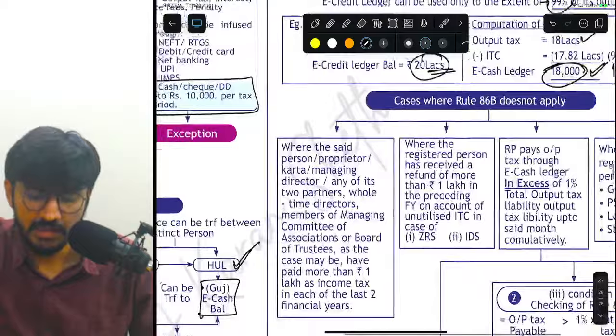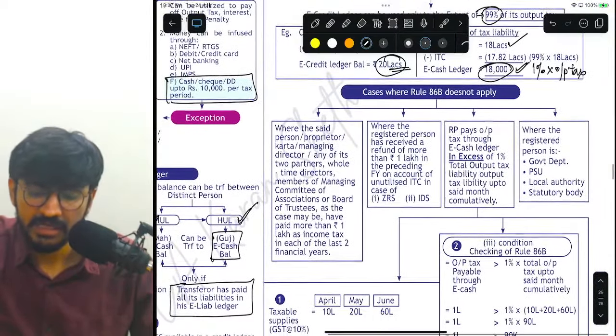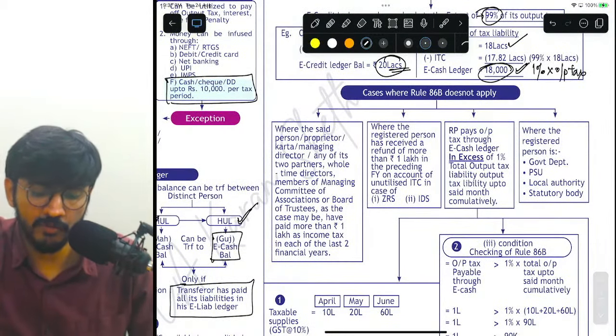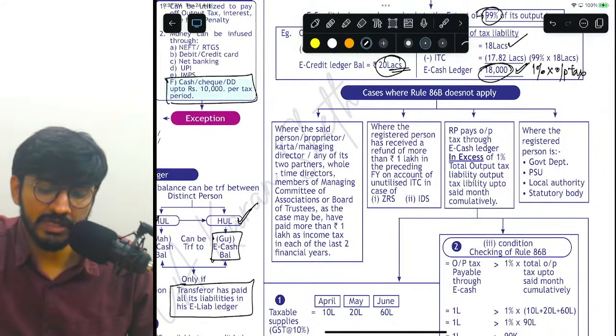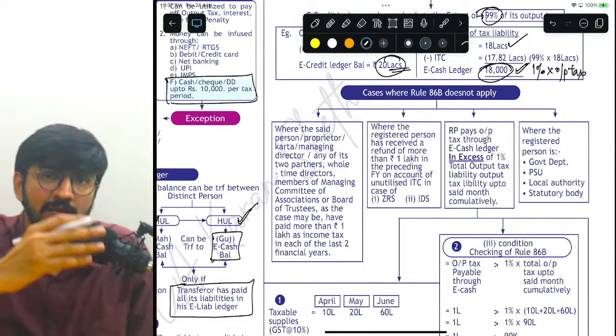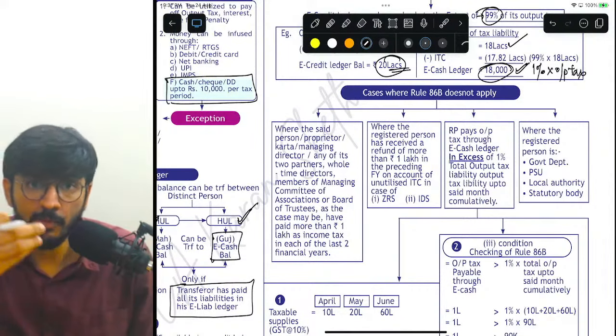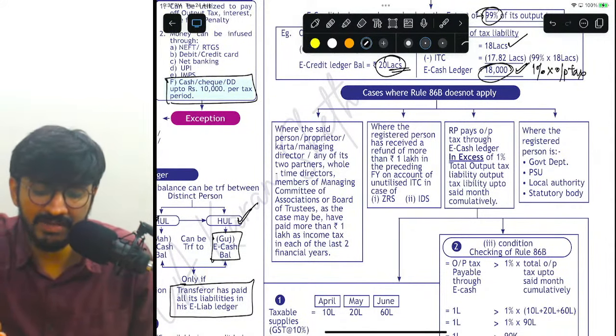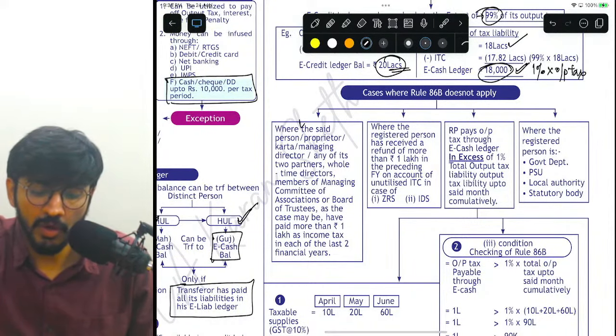Got it? Now understand, my dear friends, in this case, it's very important for you to understand that there are four cases where 86B does not apply, and there is a very huge probability, I would say, that all these four scenarios can be asked in the exam. Okay.